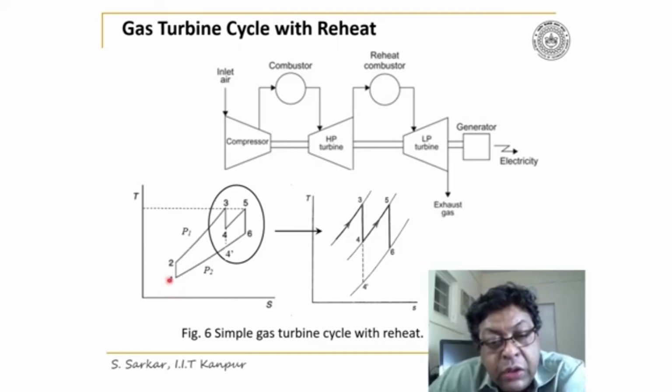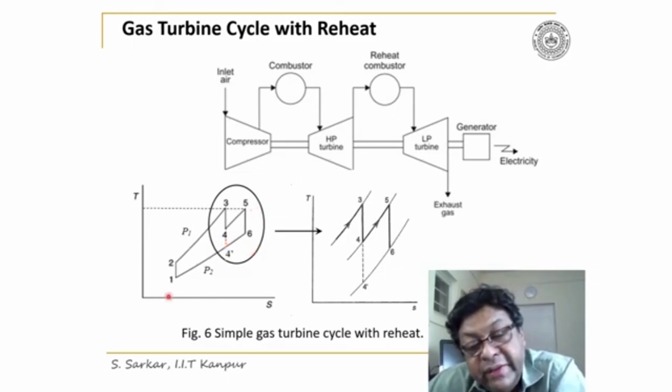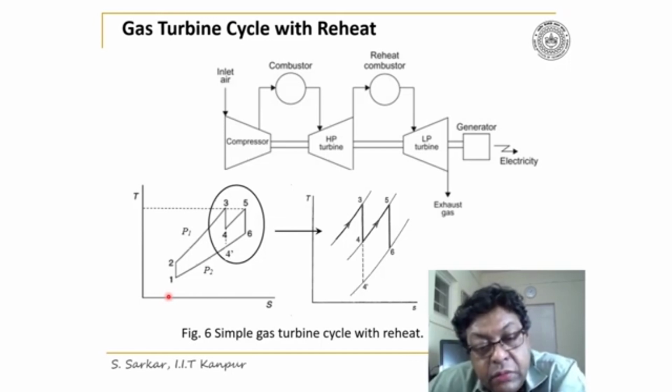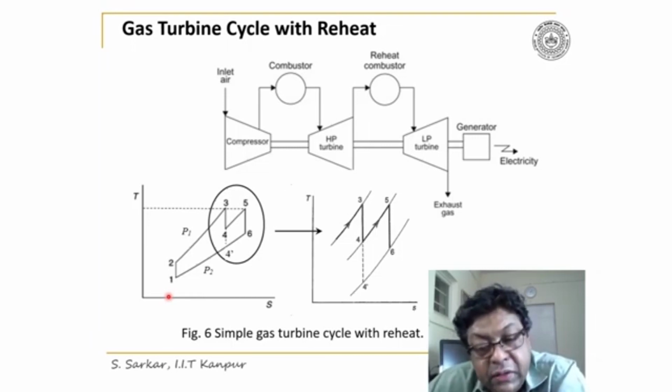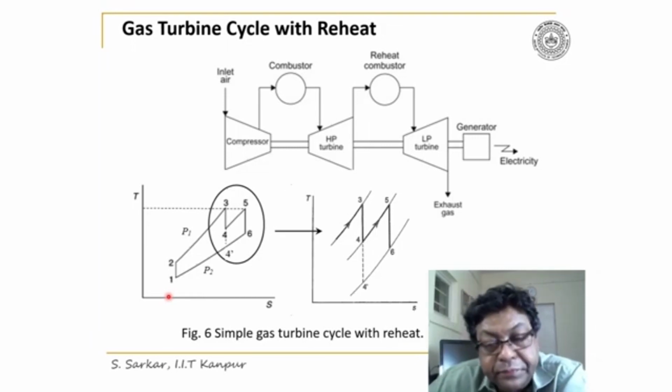So 1, 2, 3, 4, 5, 6, 1 is the reheat cycle here, where both compression and expansion processes are considered isentropic.